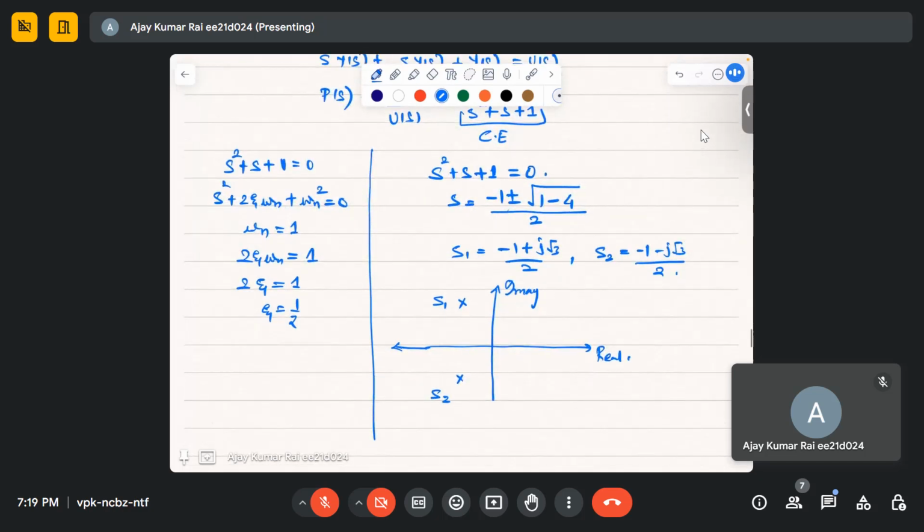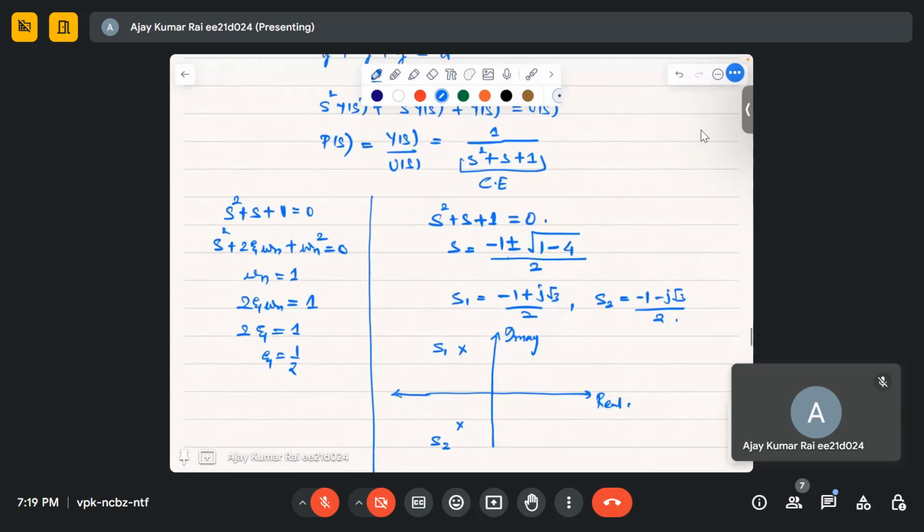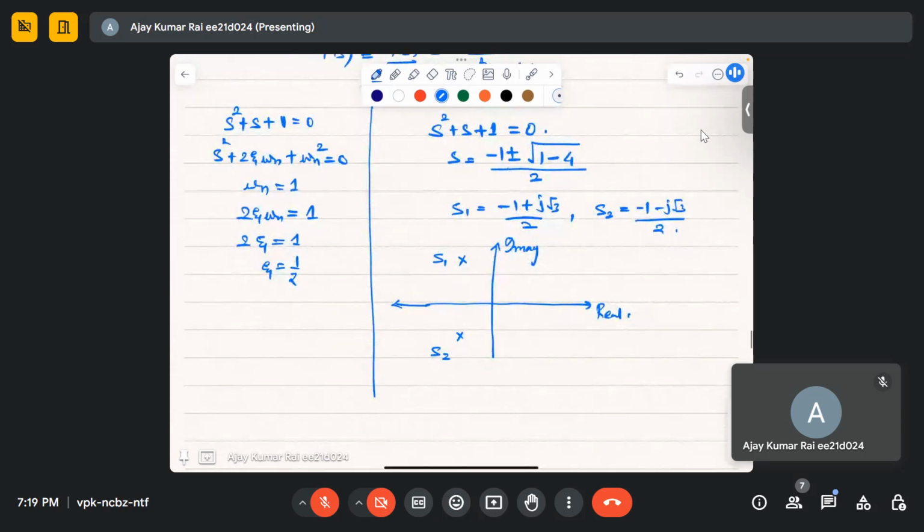So two things we can find out. First, both the poles are lying in this plane, the left hand side, right? And they are not lying on the imaginary axis, right? So what can we say?